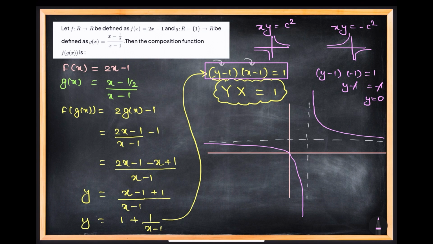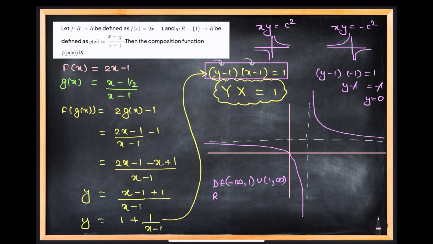So this is the graph of f of g of x. Okay. So if they talk about the domain, you can say the domain will be minus infinity to 1, not including 1, union 1 to infinity, because we will have a hole over this point.